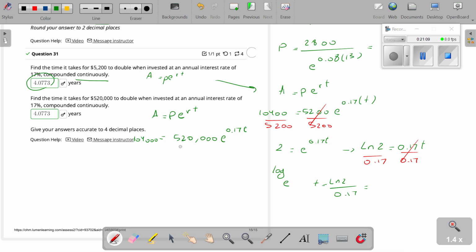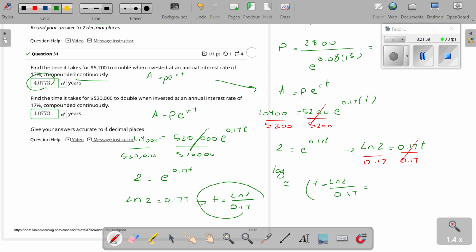Again, you divide both sides by this number. The left side is 2, the right side is e to the power of 0.17 t. If you change it to a log, it's going to be ln of 2 equals 0.17 t, and t is equal to ln of 2 divided by 0.17. As you see, this is the same thing as we had before, so the answer will also be the same.